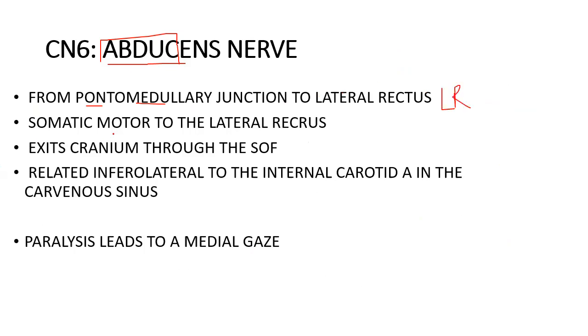So it's somatic motor to the lateral rectus, and if you have our eye at this point, and here we have the nose, medial, right? Our Pinocchio nose, nose here, nose there, right? It turns the eye exactly horizontally out. So your eye will be looking out, right? Like that.